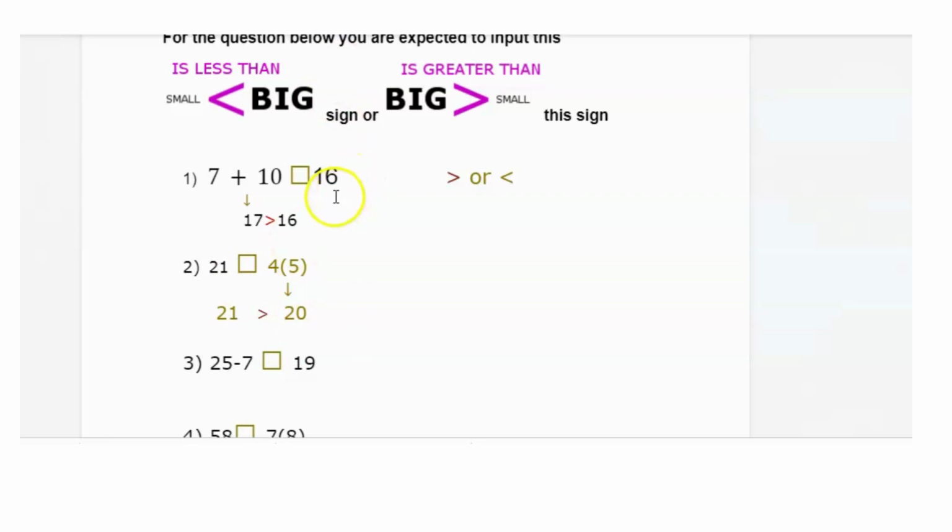The next one says 58 and this. Which one is bigger?